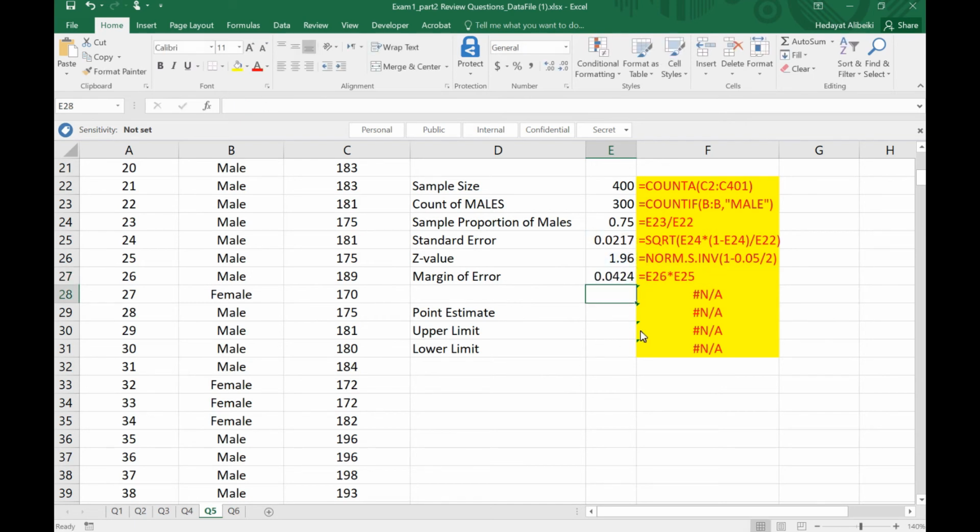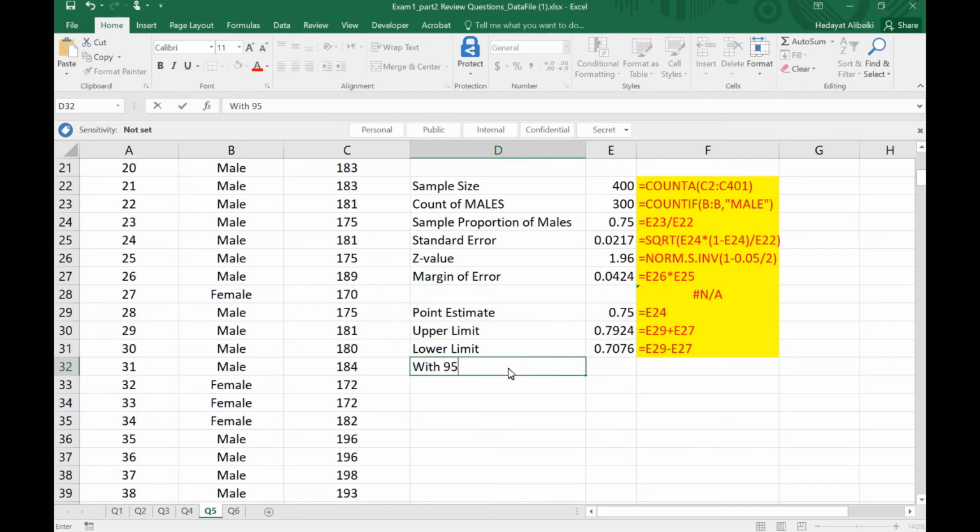Point estimate for population proportion would be 75%. Upper limit would be point estimate plus margin of error. Lower limit would be point estimate minus margin of error. So now I can say with 95% chance, population proportion of male golfers is between 71 and 79%.